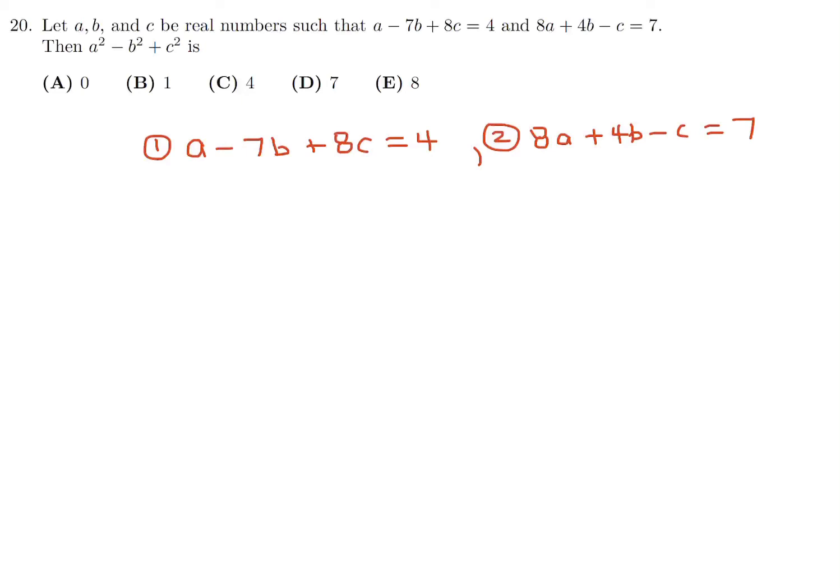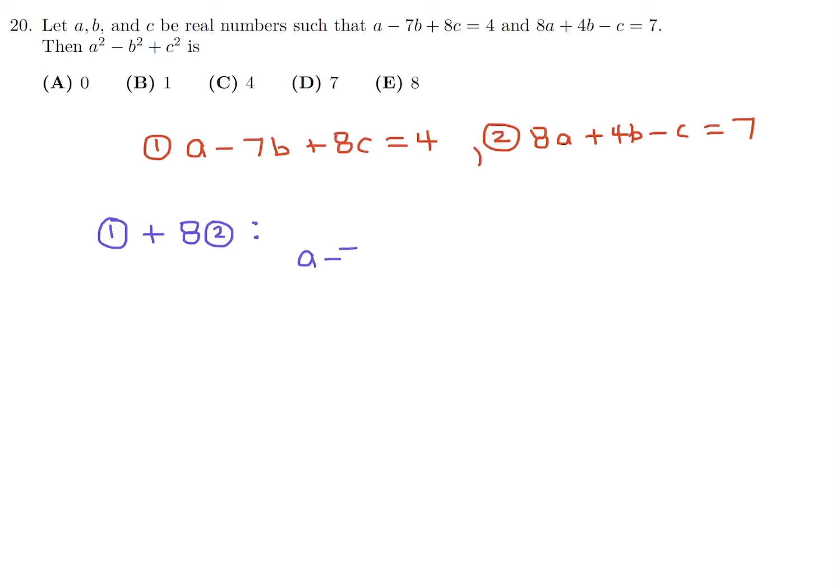All right. So what I want to do is get rid of one variable, and hopefully that will lead to us isolating one term for the other. So in these two equations, if I take equation 1 and add to it 8 times equation 2, I will be able to get rid of the c's.